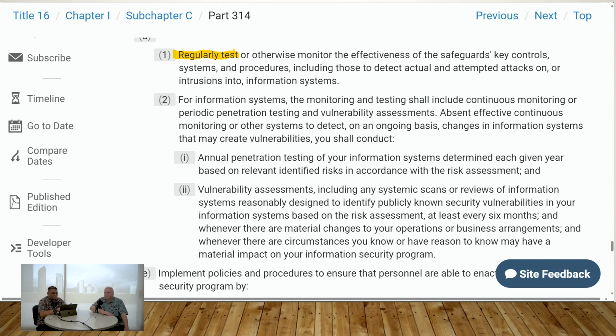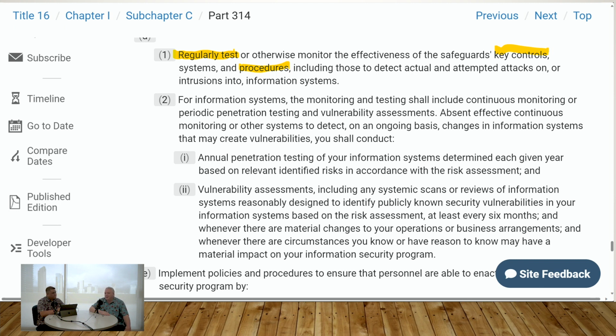One thing I'd like to highlight as well is you're not testing just systems, I would say your computers, your software, and all that. But notice how it also says key controls. You also have your procedures in here that you have to test. Can you provide some context, maybe from experience?